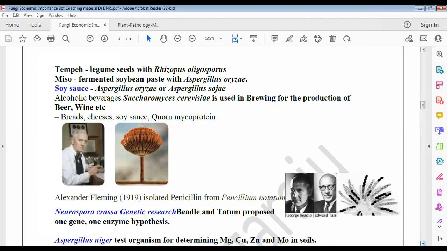What's the use of soya? Soya is a rich protein source. Soya bean, Glycine max. Glycine max is a soya bean, but it is a hard protein we can't digest. It needs soaking in water. With that soaking, it loosens the proteinaceous bonds so that you can easily digest it. Otherwise, we can't digest raw soya.